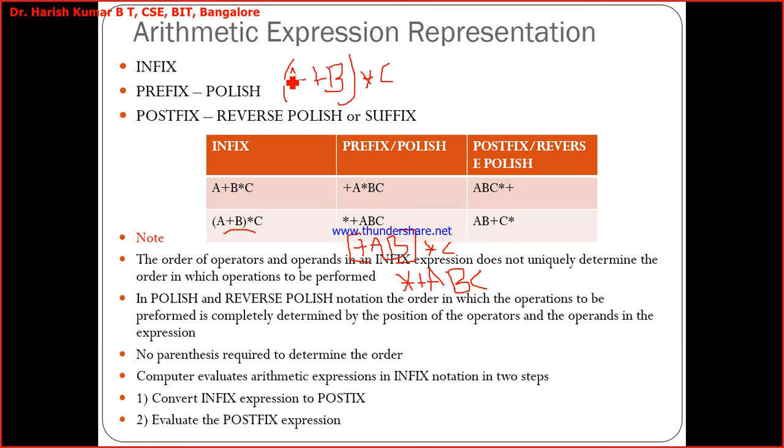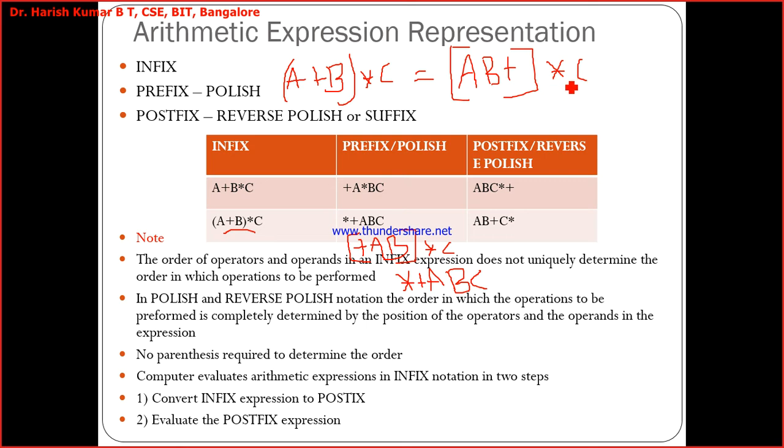Since it's a parenthesized expression, even when I'm converting it into the postfix form, first I have to evaluate this. So AB, and since it's a postfix expression, plus should come after the operands: AB plus. Now this is one operand. Let me write that in a big bracket to avoid confusion, and star C I'll write as it is.